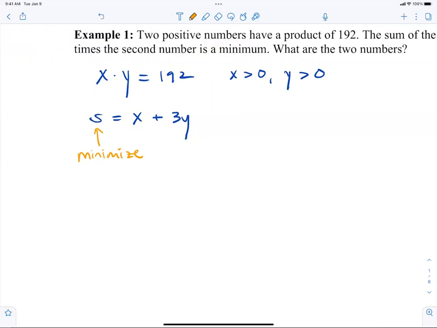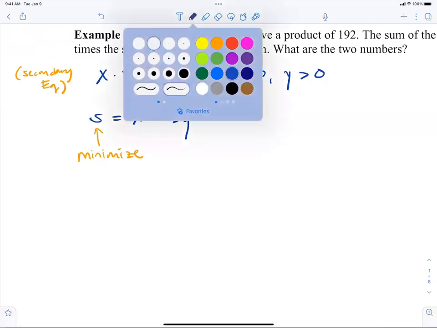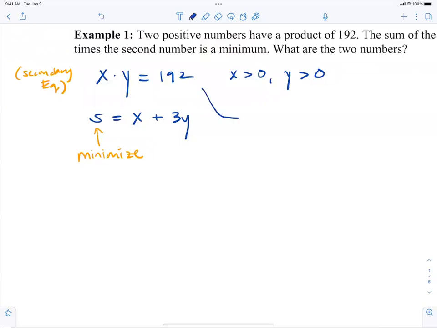I don't know the derivative of X. We have two variables, but we do have this secondary equation that we can use to rewrite our equation.